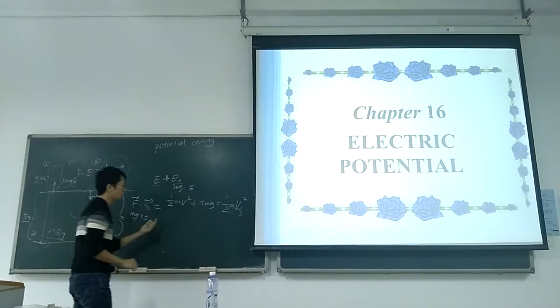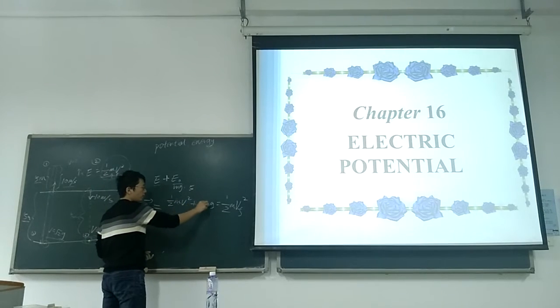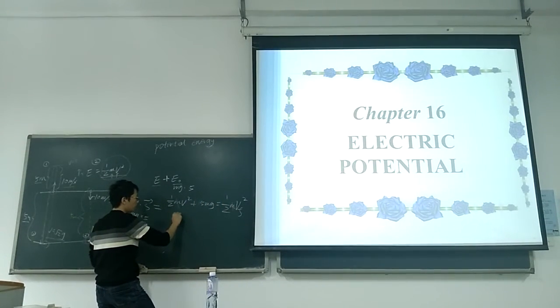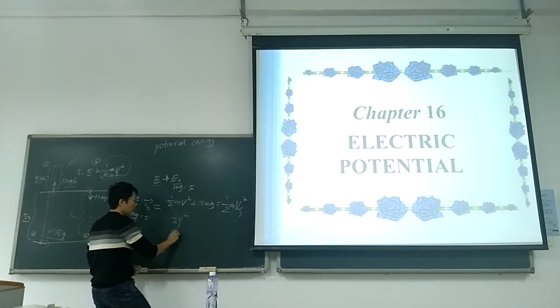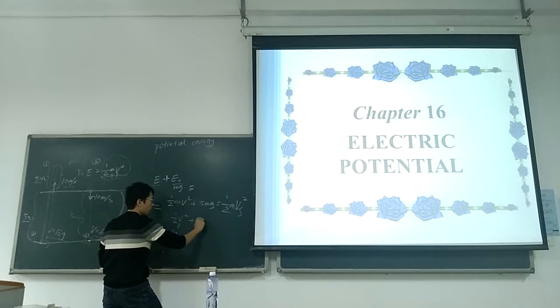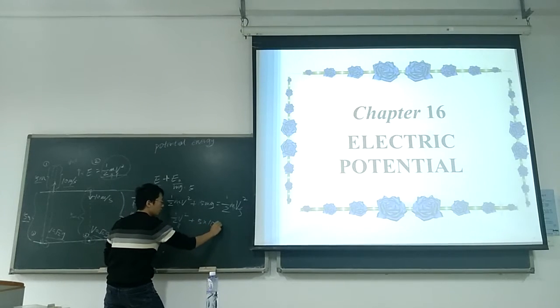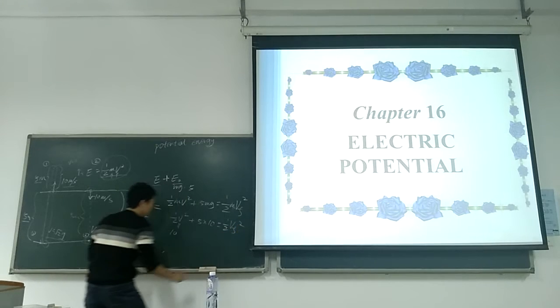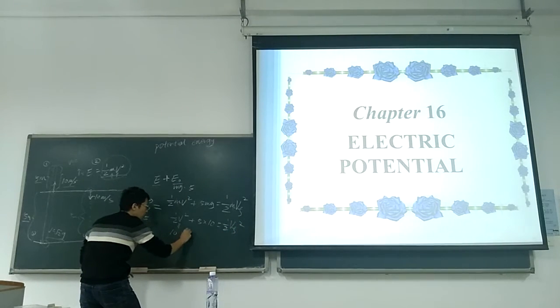Do the calculation again. Half v squared, and the starting is 10, plus 5 times g, half v squared equals 10.